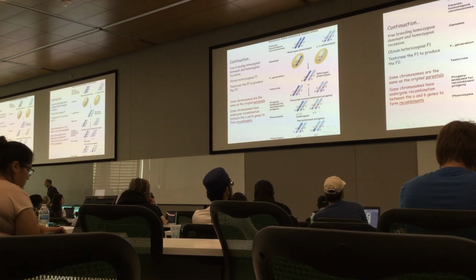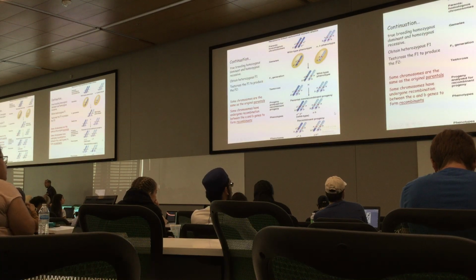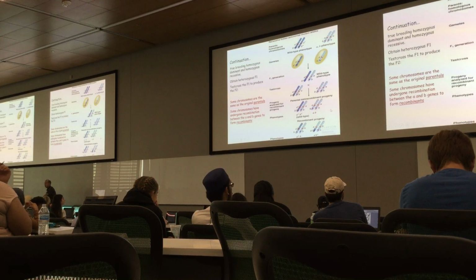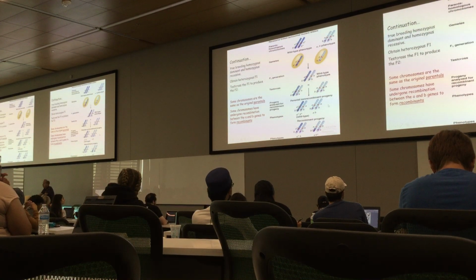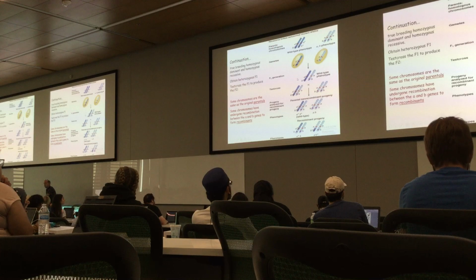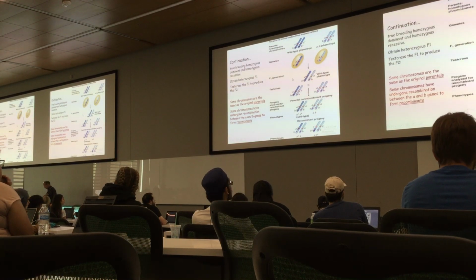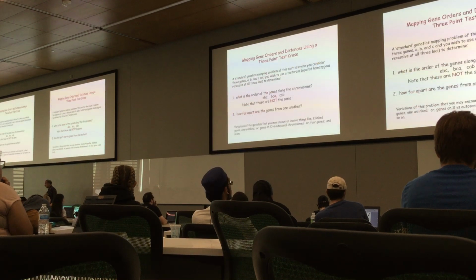So we get these two categories of progeny, and again, we always count up the numbers of recombinants, count up the numbers of parentals, and we can make a determination about recombinant frequency, which tells us how far apart the A and B genes are. Okay, so this is a pretty simple example and kind of illustrates this notion of recombination separating linked genes.